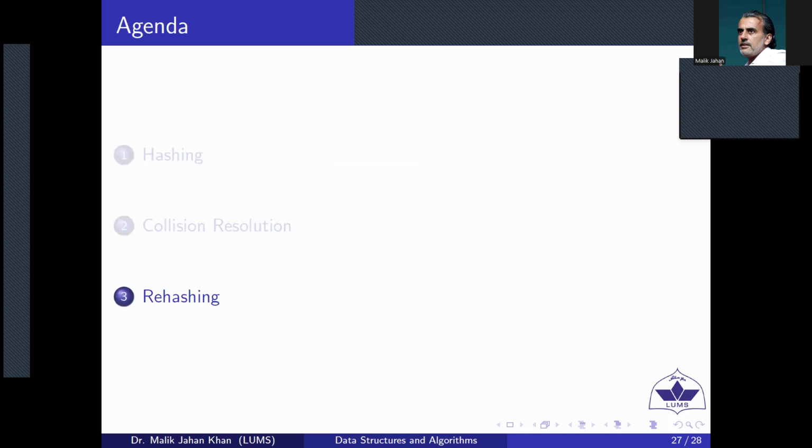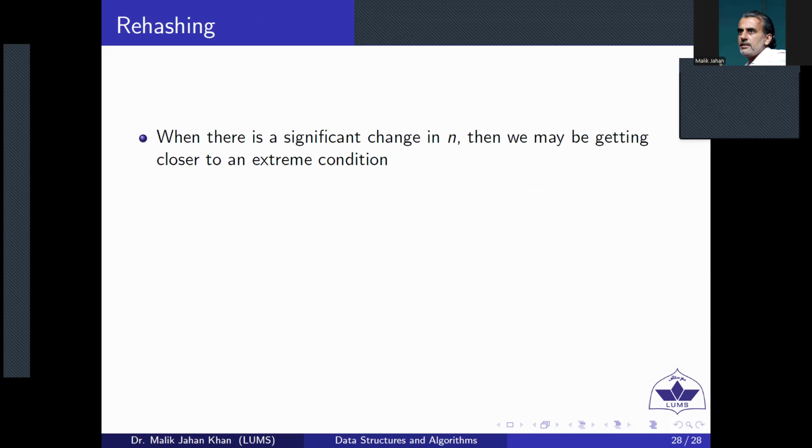Okay, the last thing in hashing is the phenomenon of rehashing. Sometimes you keep on inserting elements into the hash table and n grows significantly. Then we might hit an extreme condition where alpha has increased significantly, which means the load factor is getting closer to 1. That might be a time for you, as a manager of your hash table or database administrator, to do some maintenance of your data.